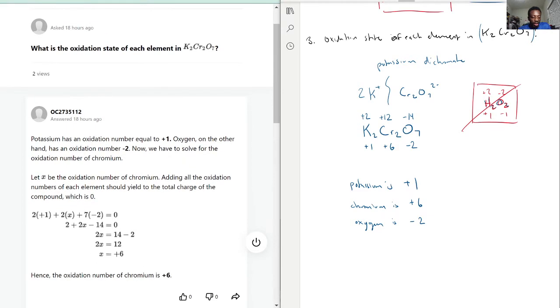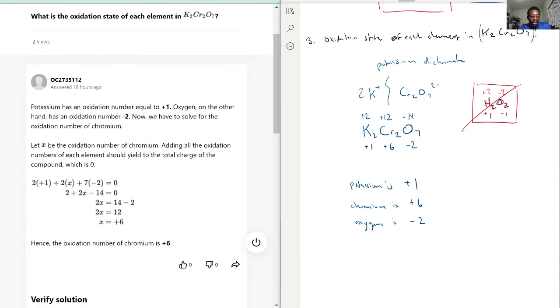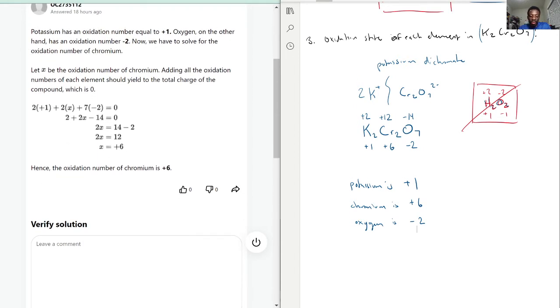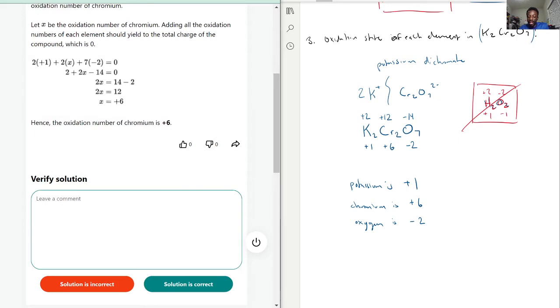So as you can see here, oxygen is said to be -2, potassium +1, and then they filled it in kind of like how we did, and end up with +6 as the leftover. So the oxidation number of chromium was indeed +6, and this is correct.